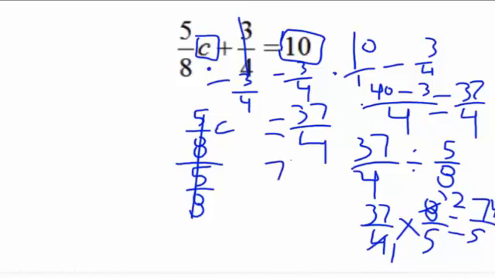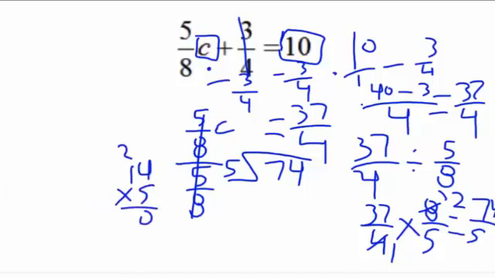So we would do 74 divided by 5, and you would do 5 times 14, which gives 70. We put the 70 under the 74, and we would have 4 left, and you can't really divide it more, so our answer will be 14 and 4 over 5.